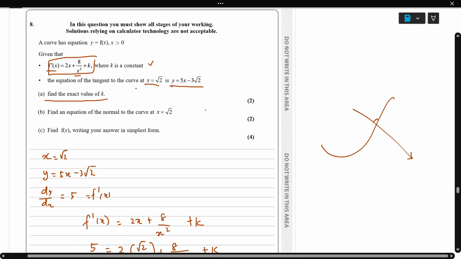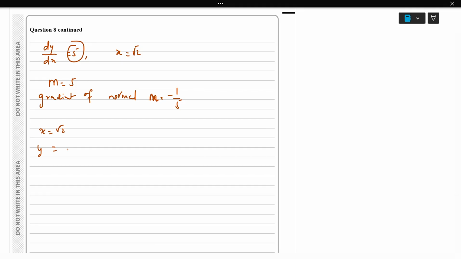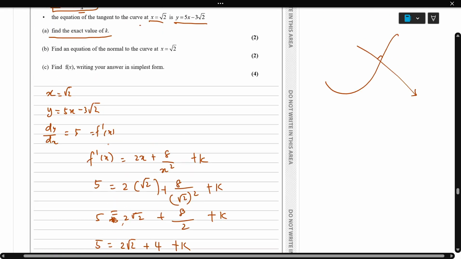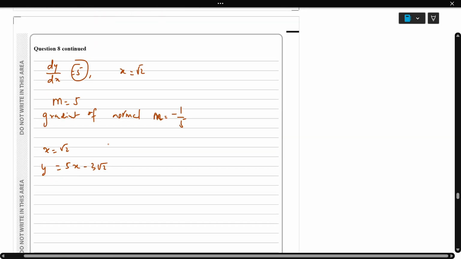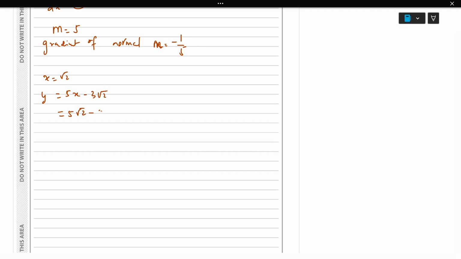With x equals root 2, y is given by 5x minus 3 root 2. Plugging in this x value, 5 into root 2 minus 3 root 2 gives 2 root 2. So the y value is 2 root 2.